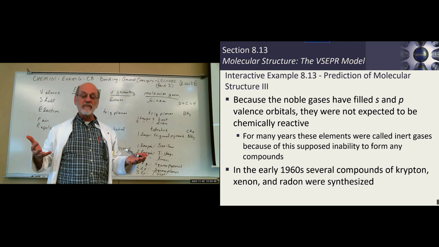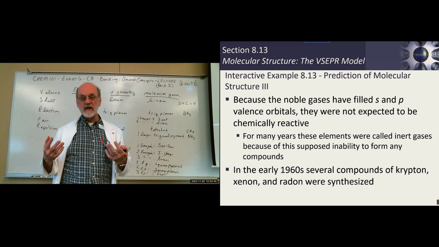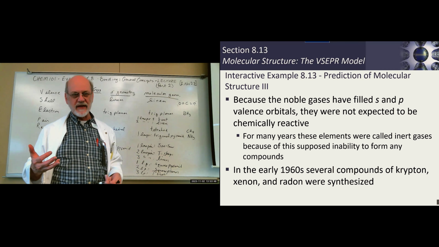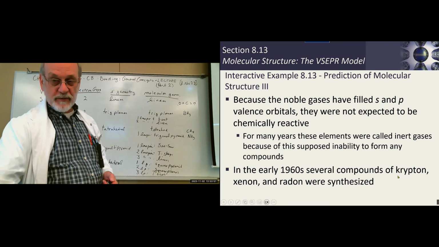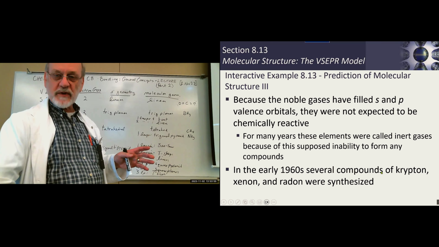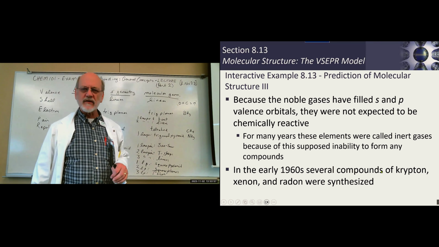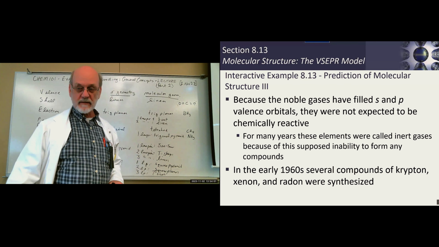And that way you can form bonds. Okay. If you force the situation, you can form bonds with these noble gases. Right? So we've got examples of krypton and xenon and radon compounds formed, and they usually form compounds easiest with halogens, their next door neighbors.